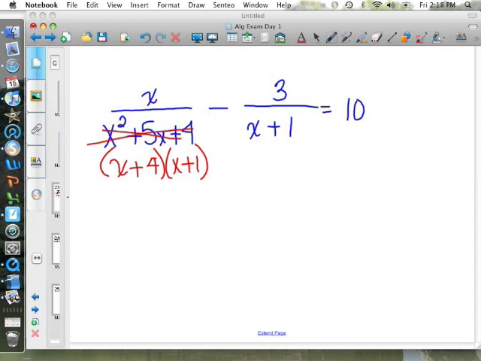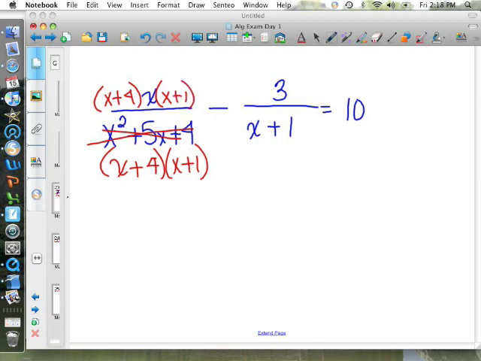If you were trying to eliminate the fractions, then you're going to now multiply every term by a common denominator. And we find that common denominator the same way we did on the last slide. What is it? x plus 4, x plus 1.